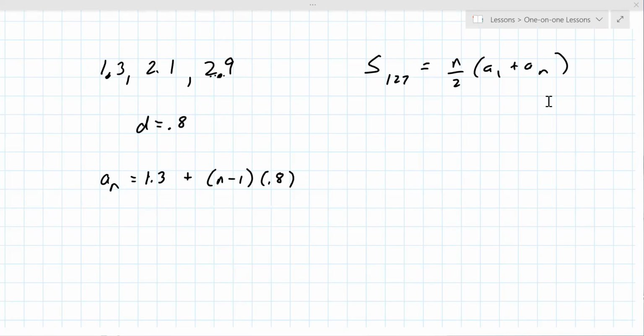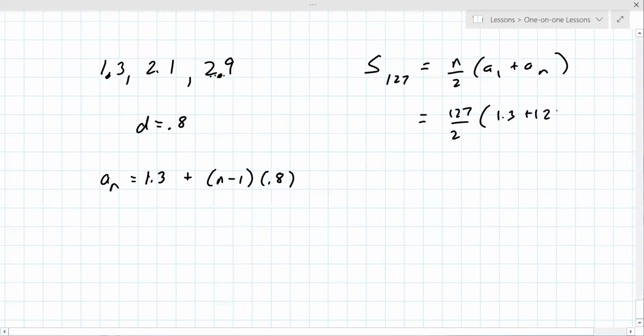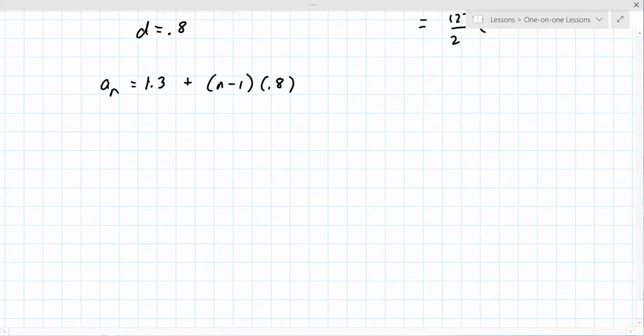Yeah, that's right. A127, yes, 102.1. So you know that the sum is 127 over 2 times a1, which is 1.3, plus 102.1, I think you said. Yes, there it is. And then you add it up and get that. Okay, so that's one variation on it.